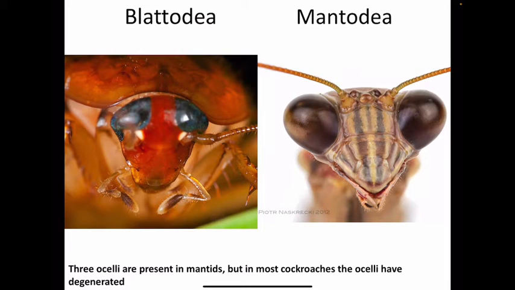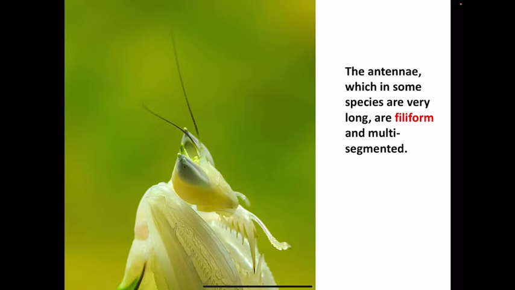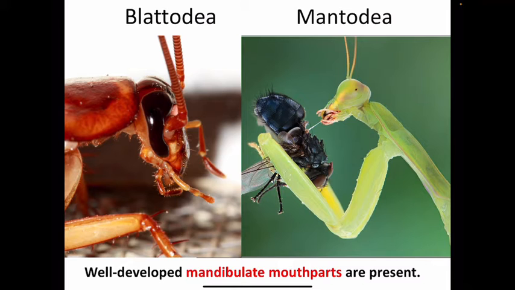Then ocelli, in case of mantid, are 3 in number, while in case of cockroach, the ocelli are degenerated. Antenna in both mantid and cockroach is a long filiform multi-segmented antenna. Coming to the mouth parts, the mouth parts are chewing cutting type in both cases.